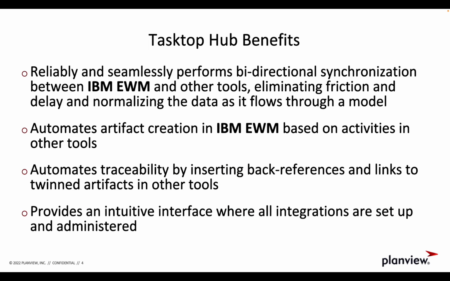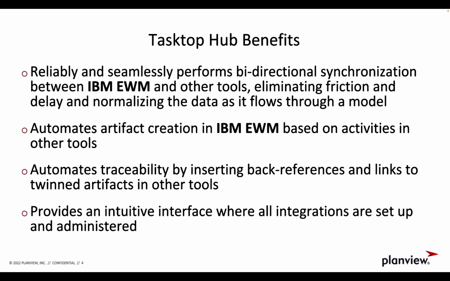In this demo, we will see how IBM Engineering Integration Hub reliably and seamlessly performs bidirectional synchronization between IBM Engineering Workflow Management and other tools, eliminating friction and delay and normalizing the data as it flows through a model.